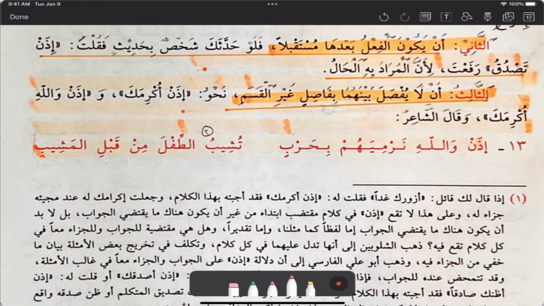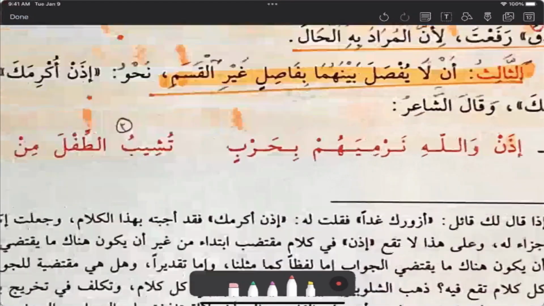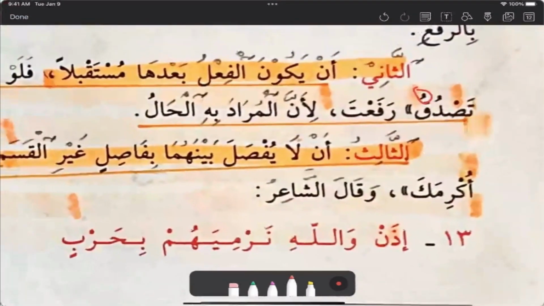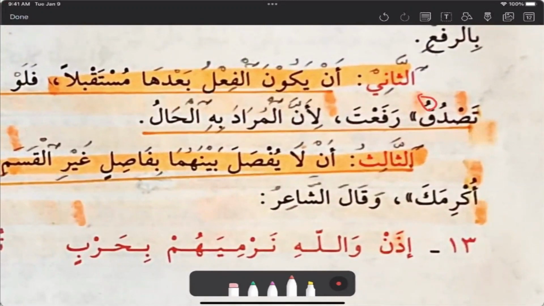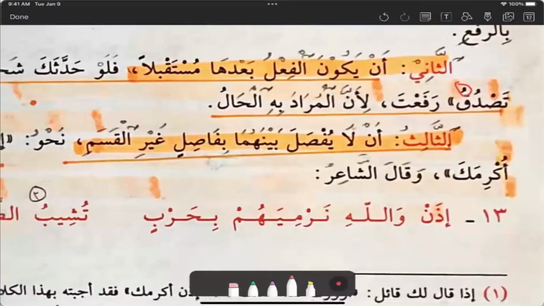You're going to put it in the state of rafa'. You're going to say تصدق, not تصدق. لأن المراد به الحال, because what's intended by it is the present. When you said, then you are truthful, that's the present tense. Then you're not going to make it ManSoob.